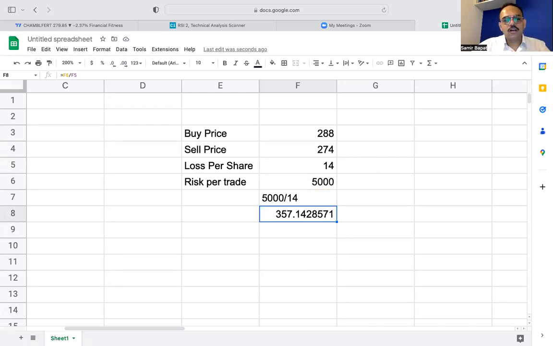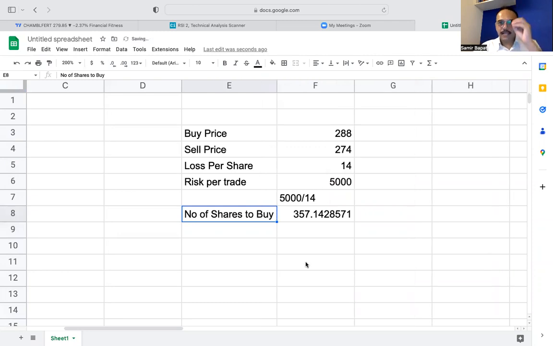This is how you should be doing the calculation for the number of shares to buy. This is the total number of shares you should be buying, so that if you lose money, you will lose only 5,000 rupees.